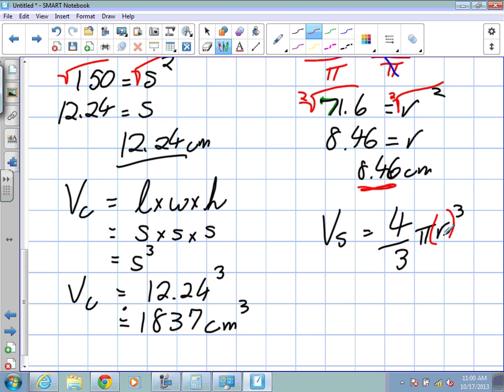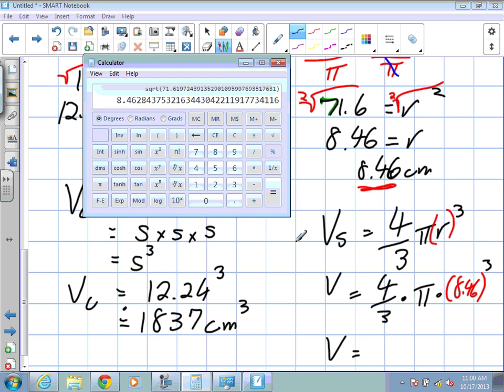So our volume is equal to 4 over 3 times pi times 8.46 cubed. This will give us a relatively large number. We're going to be able to do this all in one step on a calculator, I think. So 8.46, and I'm going to leave this as accurate as possible, even though I screwed it up last time.